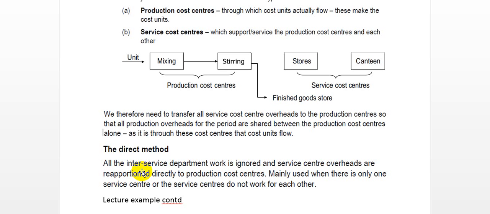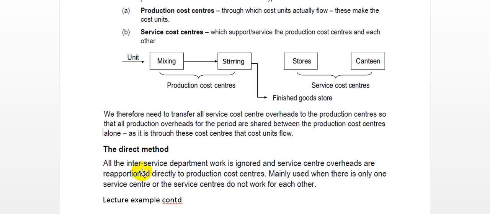So whatever work the stores does on behalf of the canteen and vice versa, whatever work the canteen does for the stores, is ignored. So we just reapportion all the costs in the stores and in the canteen to the mixing and the stirring.